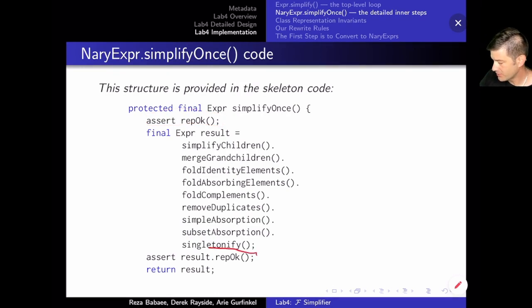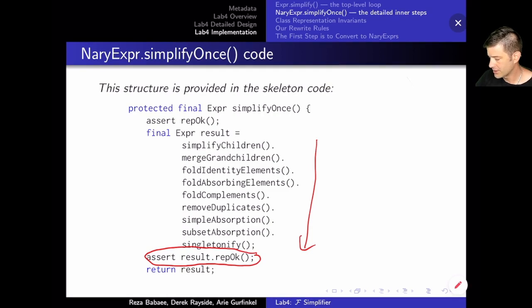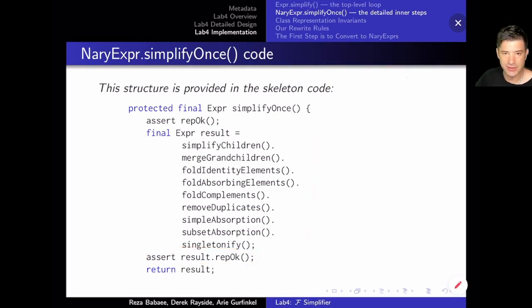And we check this on the result to know that the result is good. So this will be good for testing. And then we apply the simplifications in order. The order that we pick, as we said, is sort of arbitrary, but certain orders may make more sense than others. And then each operation will simplify.